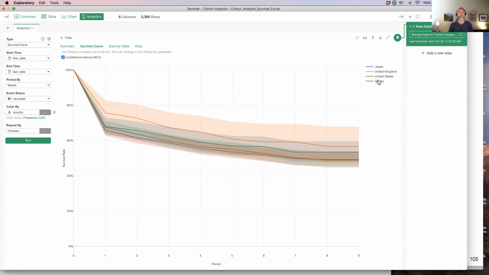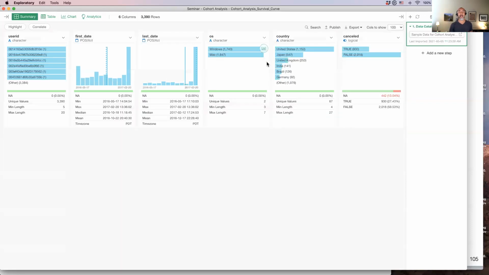For example, let's say I'm going to disable Japan and the United States, and then just the United Kingdom and the others. When you compare with the others, the United Kingdom's survival rate, even though the range is bigger, that's because United Kingdom's data is less. We have only 253 customers compared to United States and Japan.